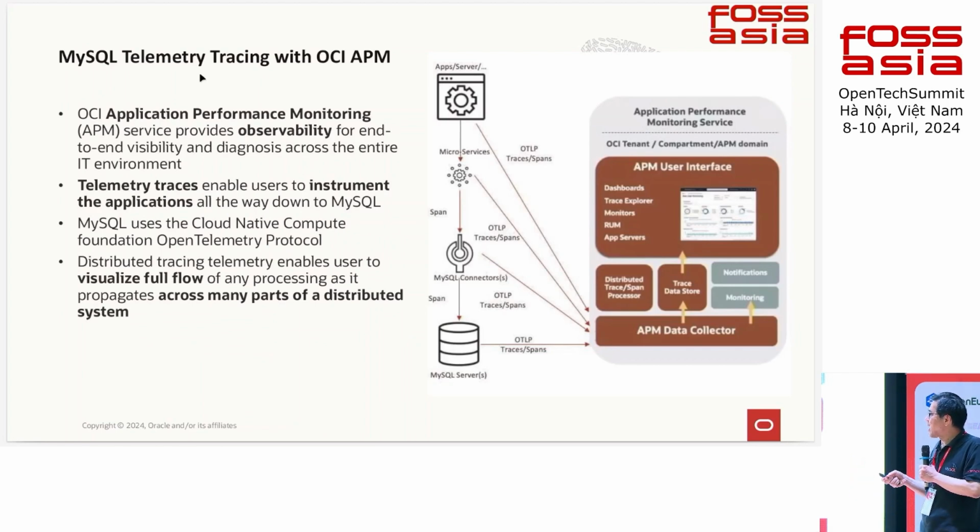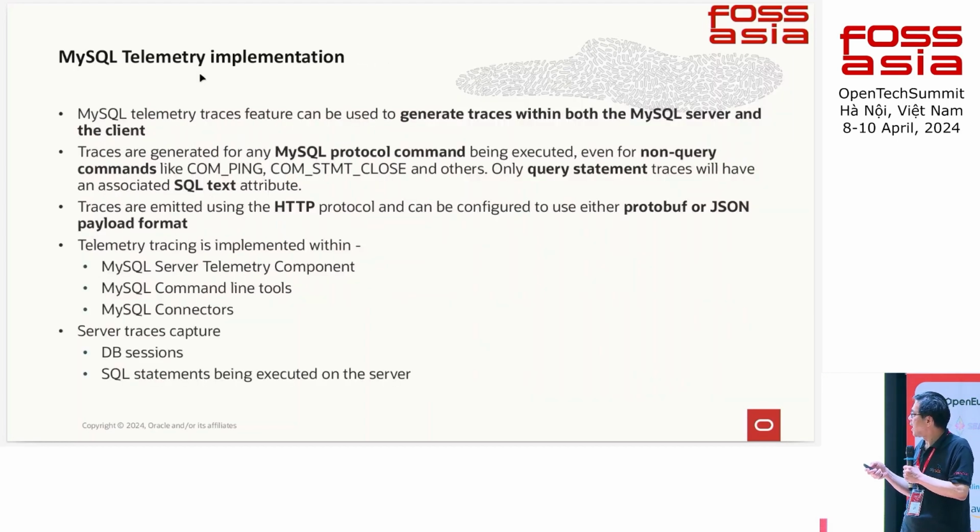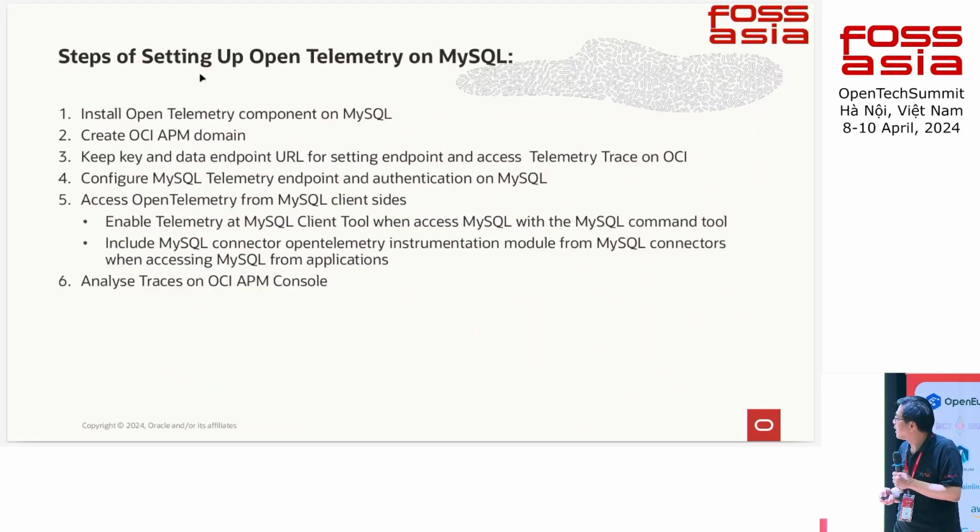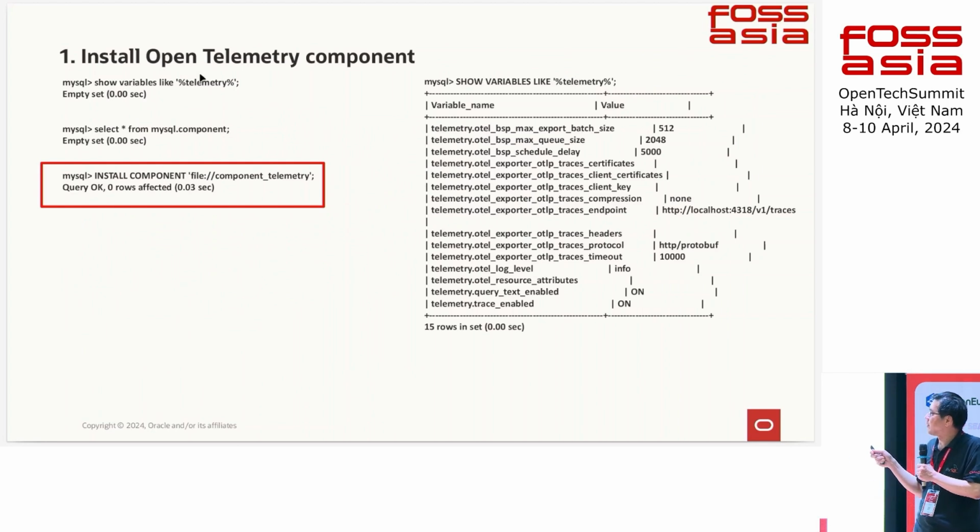Telemetry collects the data. If you need to collect MySQL data with telemetry, what you need is to install a telemetry component. After MySQL 8.2, there is a telemetry library that comes with MySQL.